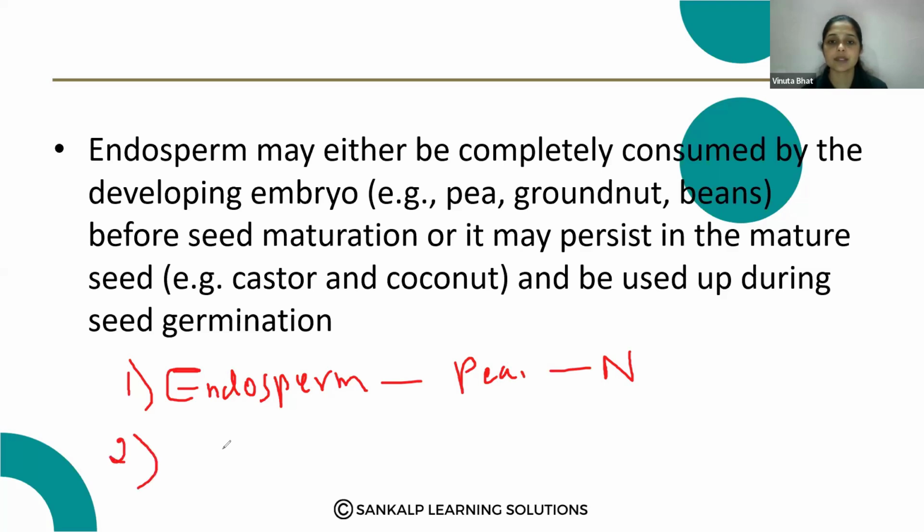The second type is where the endosperm is persistent in the seeds, for example in castor and coconut, the endosperm is persistent, that is, present. That is called endospermous seeds, right? What is the function of endosperm in this seed?